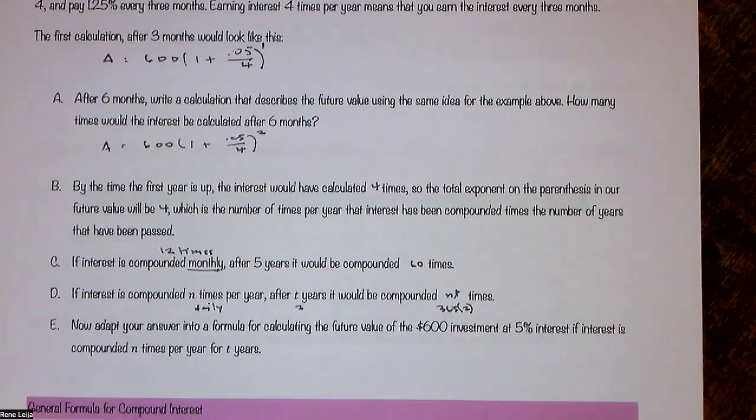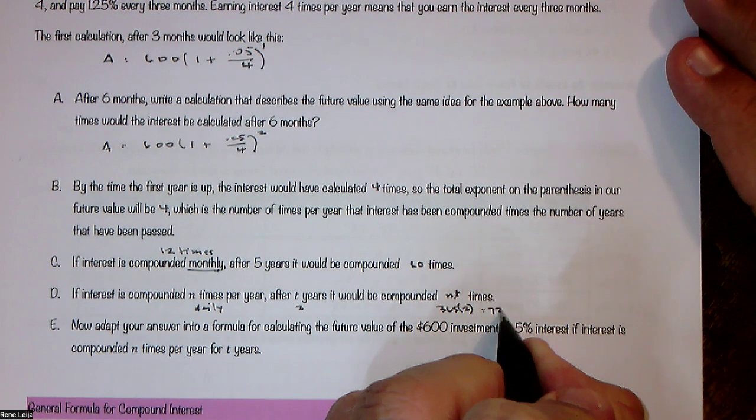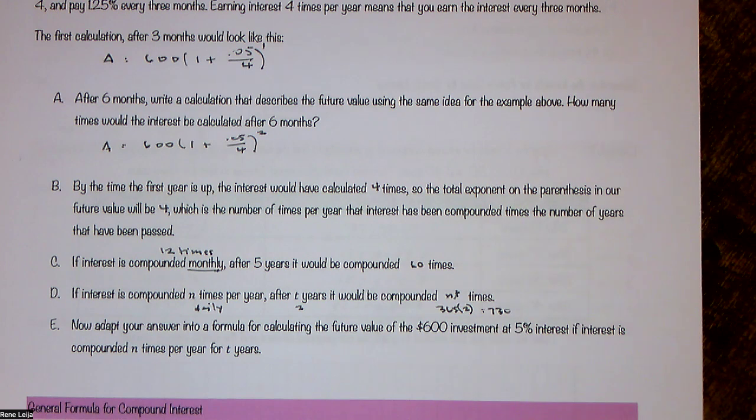So 365 times 2, that's 730. This would be 730 times. So you just multiply those two together.